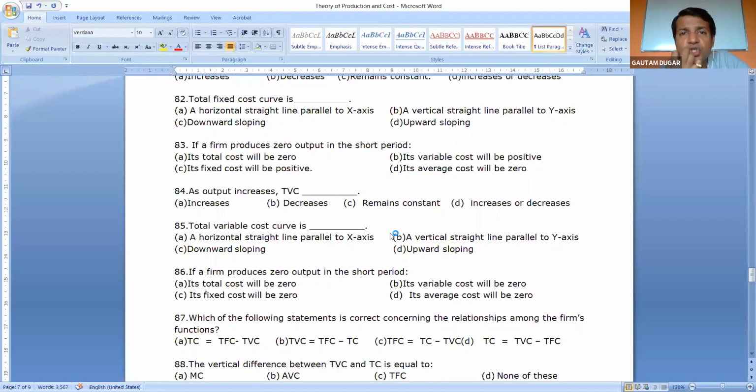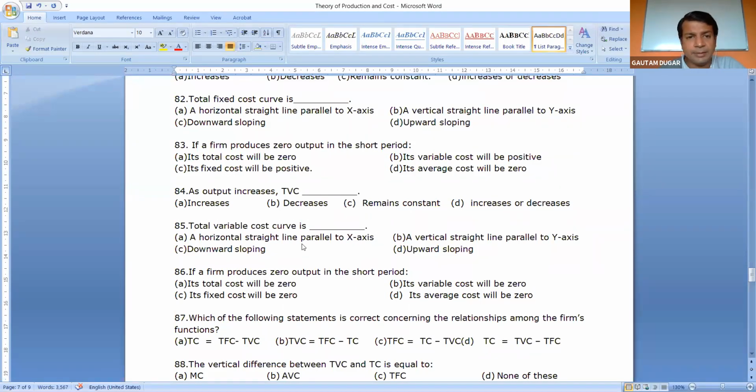If you closed down your production for 1 month during the lockdown period, your cost of raw material was zero. So variable cost is zero. So B cannot be the answer for 83. If a firm produces zero output in a short period, its fixed cost will be positive. Answer is C. 84. As output increases, total variable cost increases.